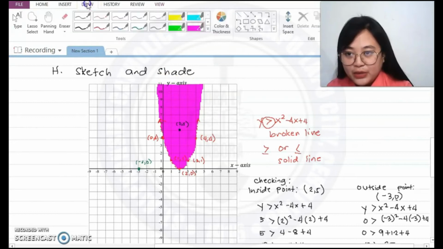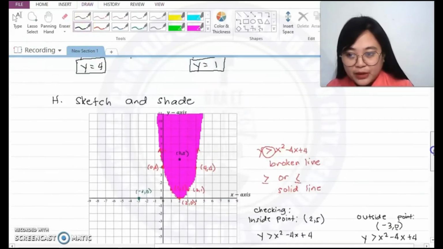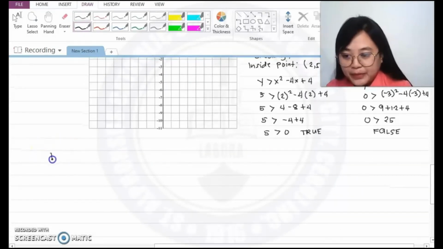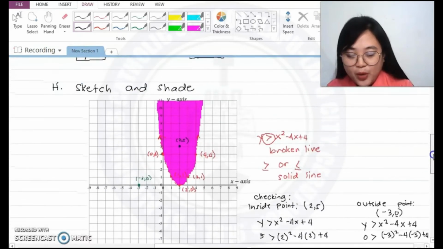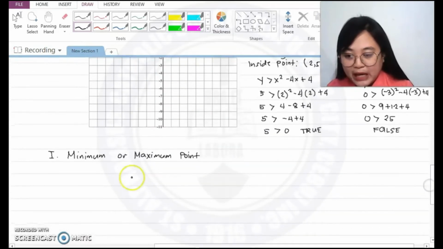Okay, now lastly, we need to determine the minimum and the maximum point for letter I. And this is very easy for you because you already know how to determine the maximum or the minimum point. Okay, so since our parabola opens upward, then we have the minimum point.